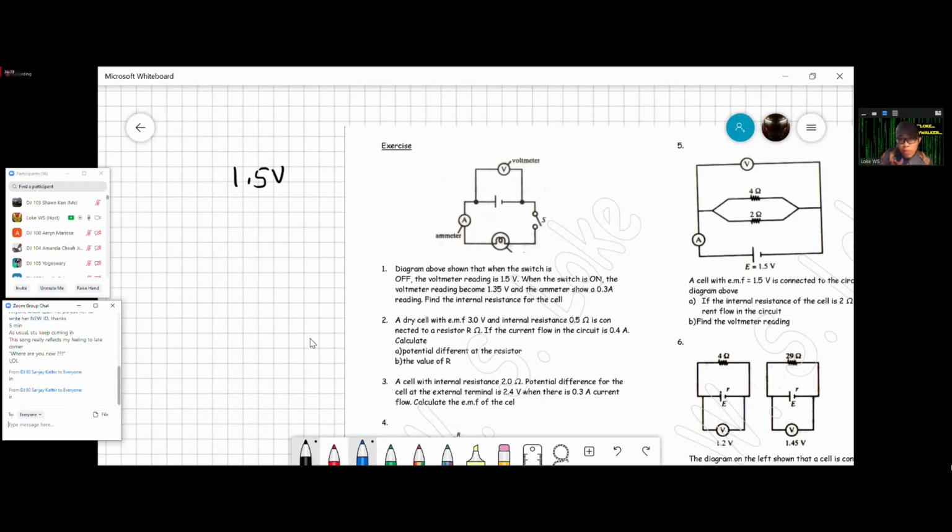So that 1.5 is representing the EMF. You got my point? Still got people coming in. That's the first thing. Then it says, when the switch is on, can you see that? The meter reading becomes 1.35. So another reading they give to you. So this is 1.35.